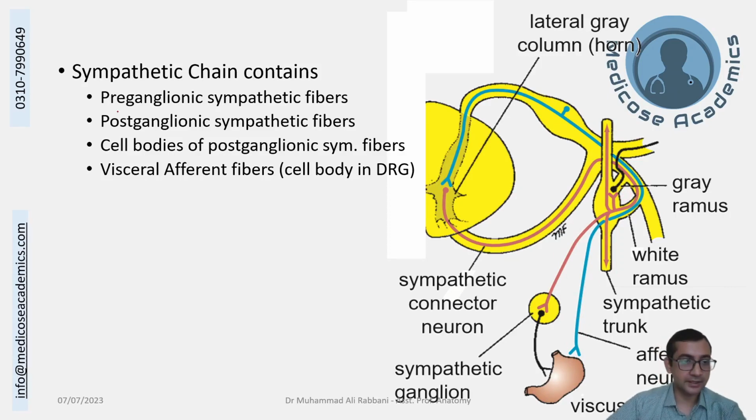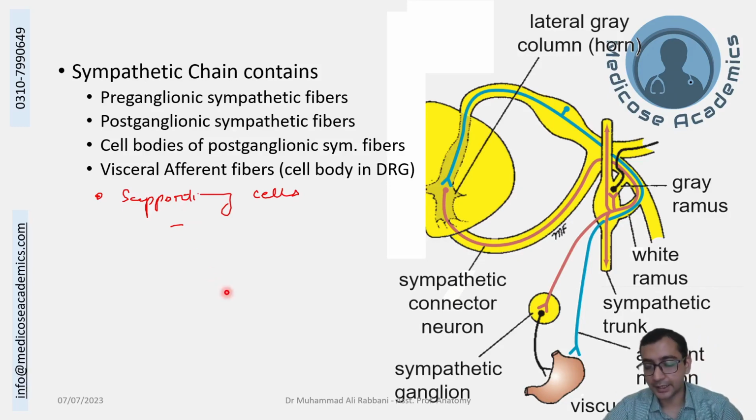In addition, there are supporting cells, which we can discuss more in histology: Schwann cells for myelination, and stellate cells for covering the cell bodies.